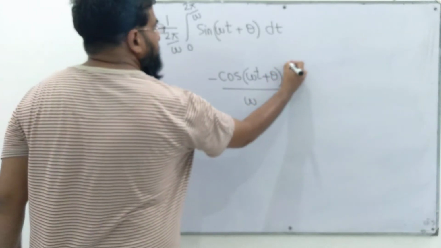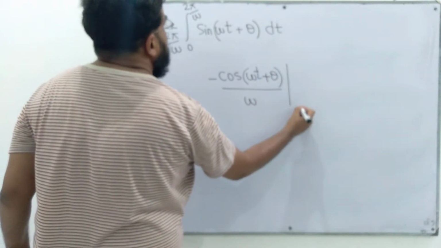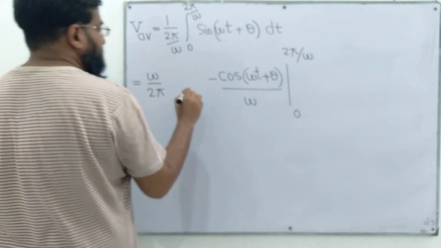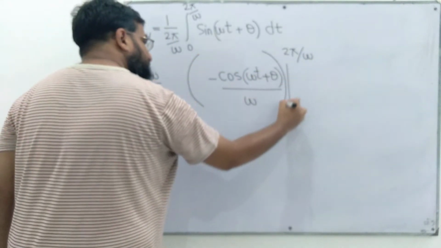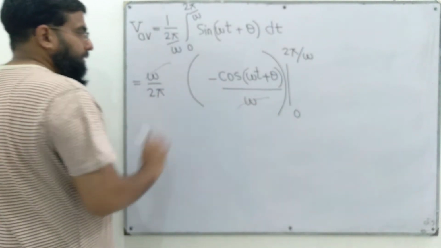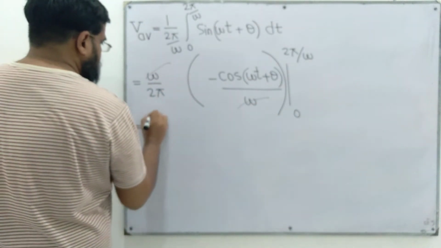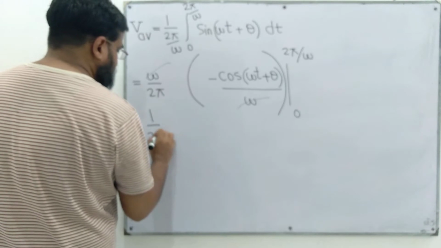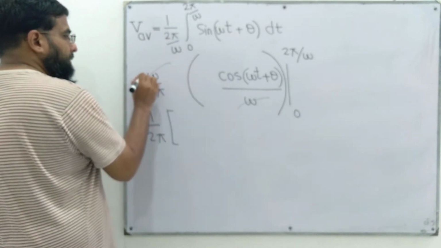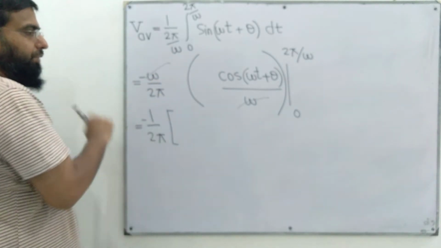So, and we put a limit from 0 to 2 pi over omega here. So this omega cancels with this omega, and this is 1 over 2 pi.